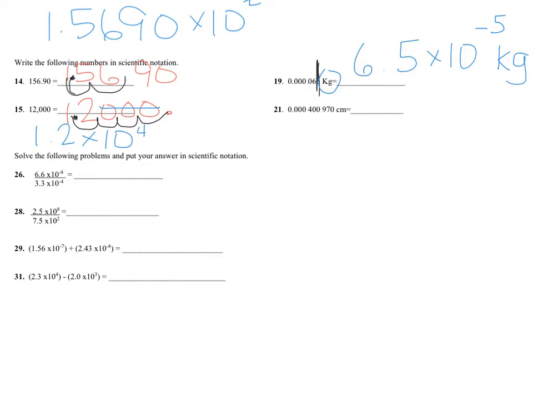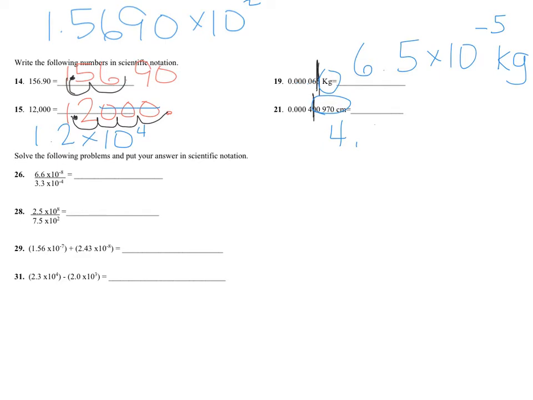And we'll do the same thing underneath number 21. Your decimal point is going to go after the first non-zero digit, so right here after this 4. So we rewrite that 4 point. And all of these numbers after the 4, we still have to add those because they're all significant digits.